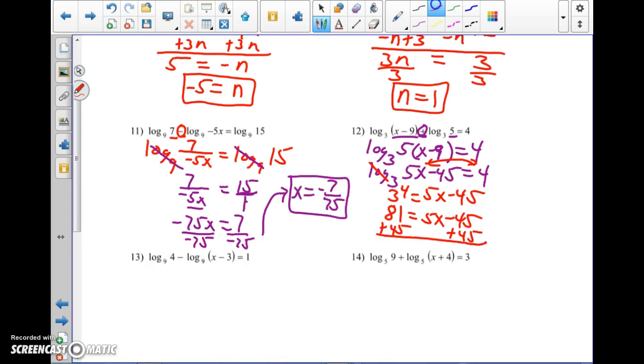You get 126 equals 5x. Now divide both sides by 5, and you will get x equals 126/5.